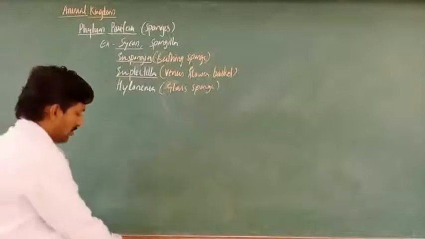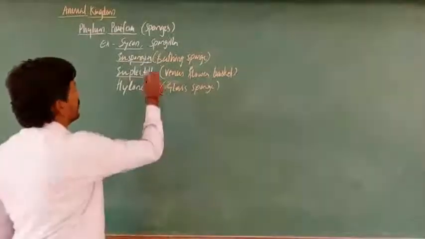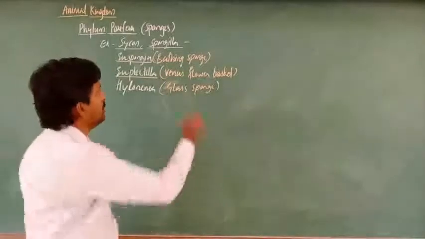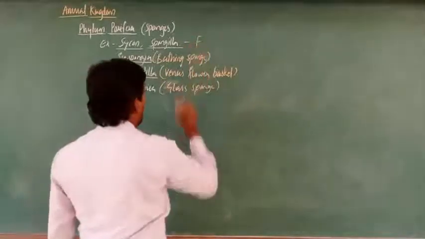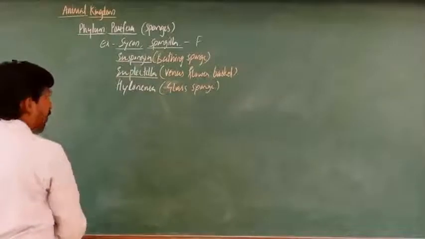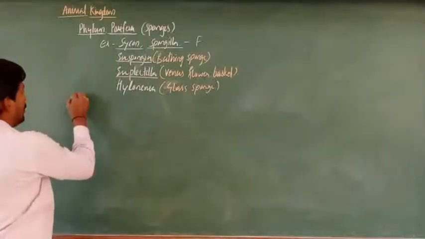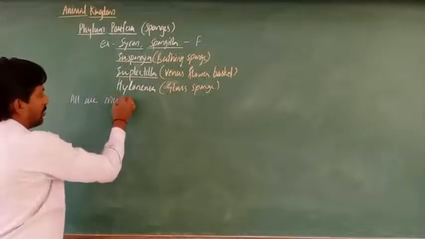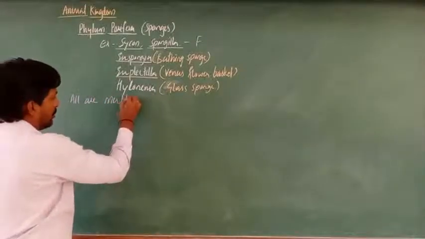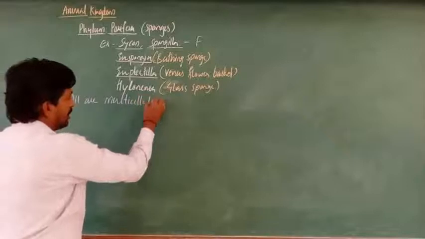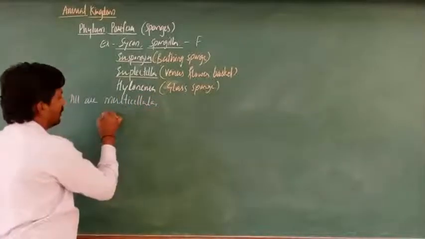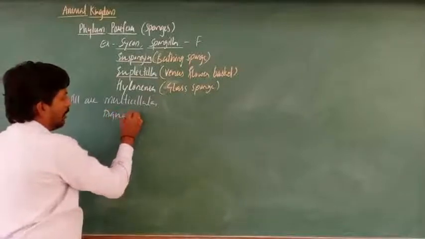Out of these examples, when you observe, Spongilla is a freshwater form. Of course, all of these are multicellular and they are aquatic.